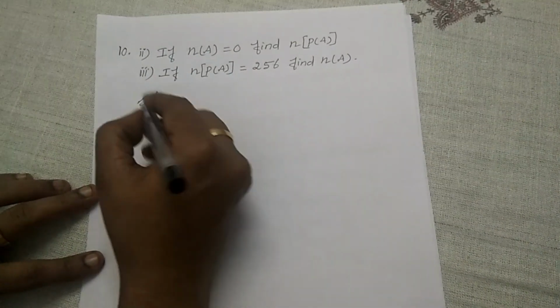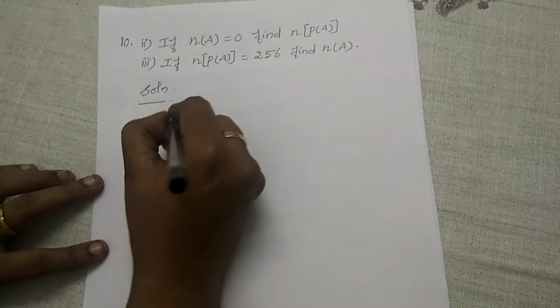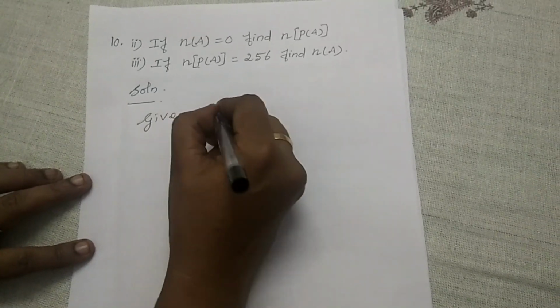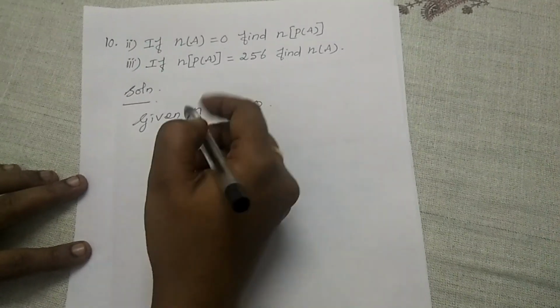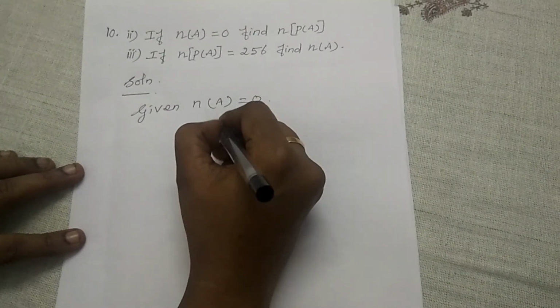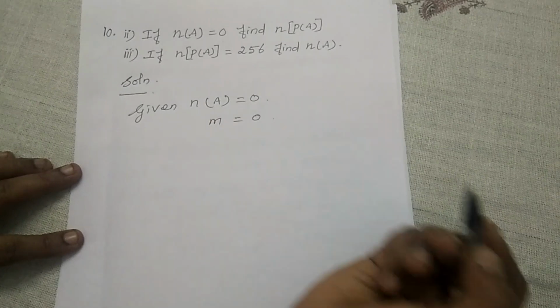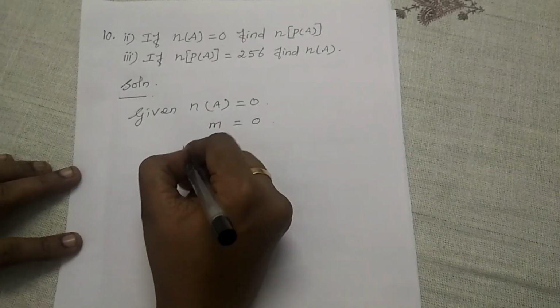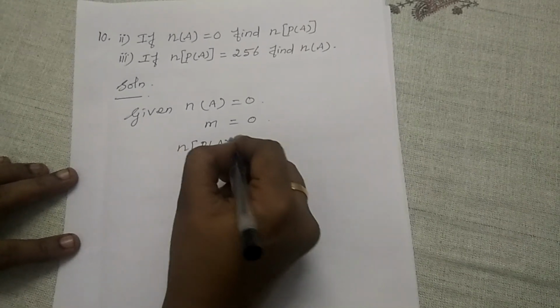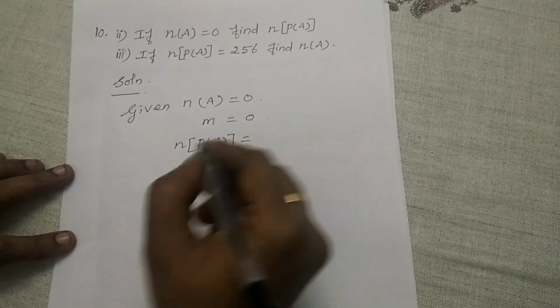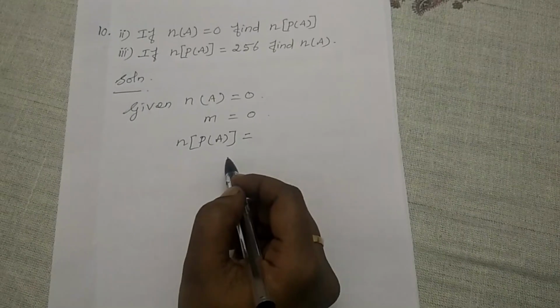Given, second question is given n of A is equal to 0. N of A is equal to 0 means then m equal to 0. Okay. Then you want to find out n of P of A. N of P of A means the number of subsets.